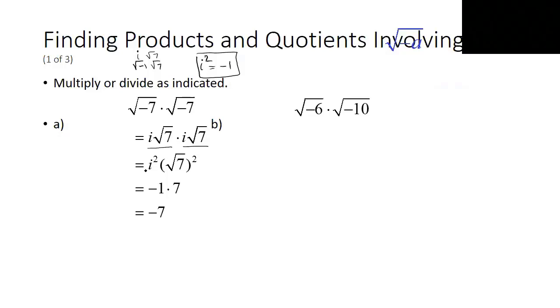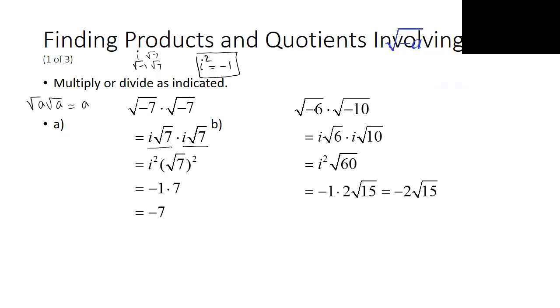And then the square root of 7 squared would be simply 7. So this whole thing would be negative 7. And that should make sense, right? Because we said radical A times radical A is equal to A. Your A is negative 7. All right, next one.